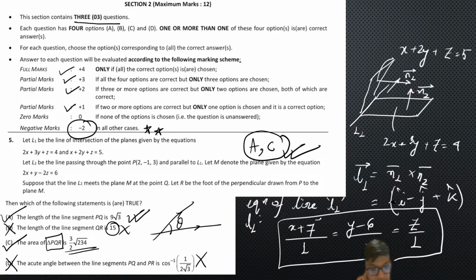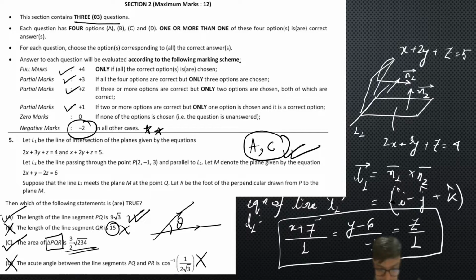Please do let me know if this question is clear or not. Is this question clear? Okay, so I see no comments, and I think that this is clear to all of you.